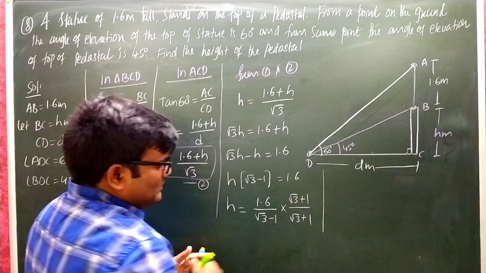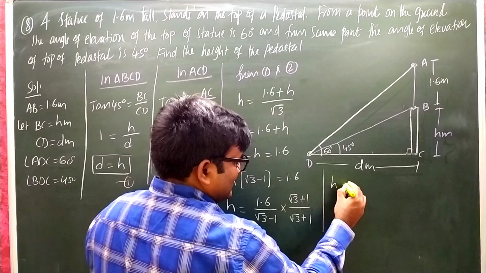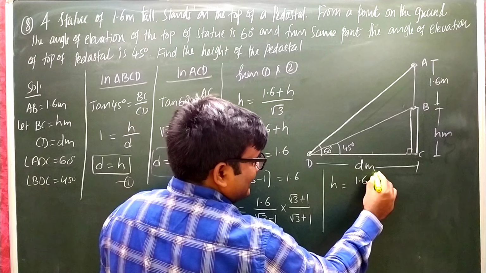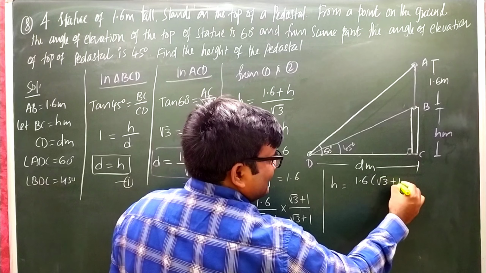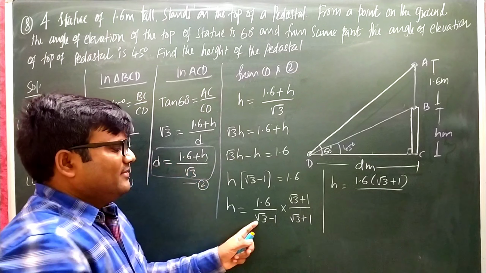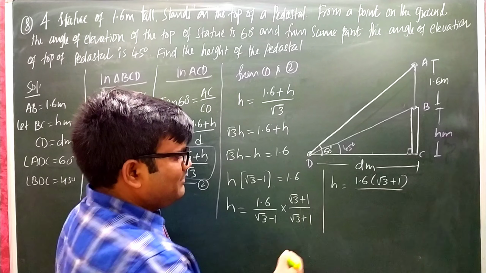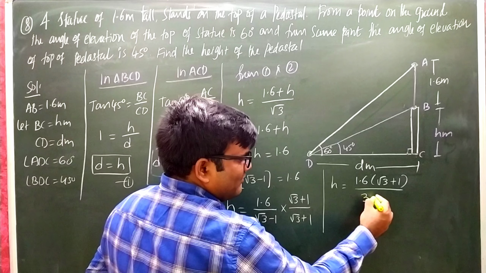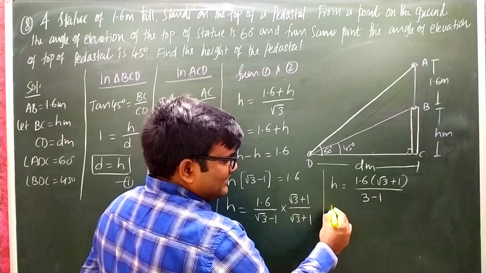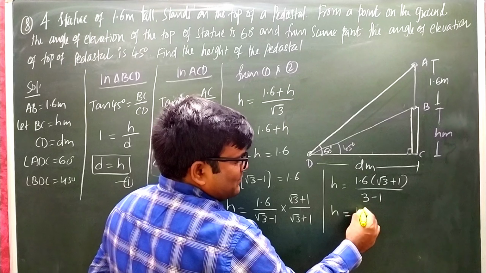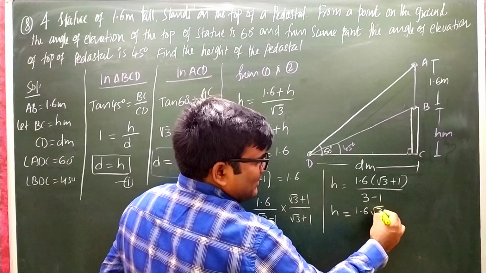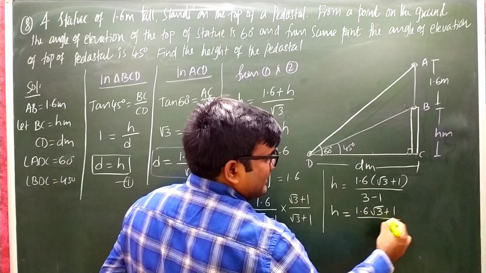So h is equal to 1.6 into root 3 plus 1 by, this is in the form of a minus b into a plus b, a square minus b square. Root 3 square is 3, 1 square is 1. So 3 minus 1 is equal to 2. H is equal to 1.6 into root 3 plus 1 by 2.